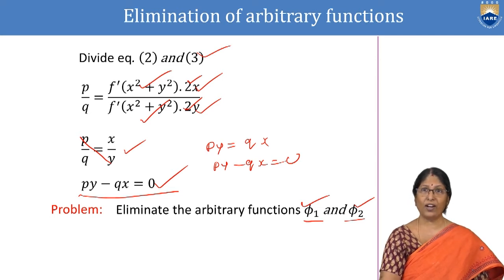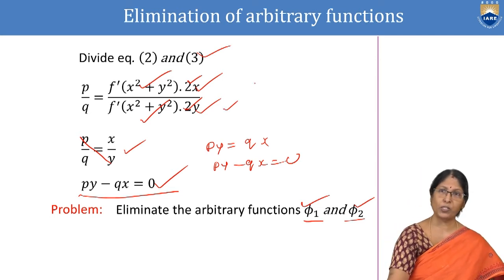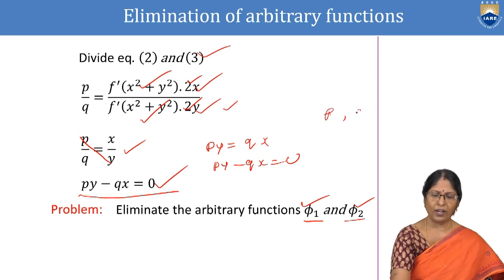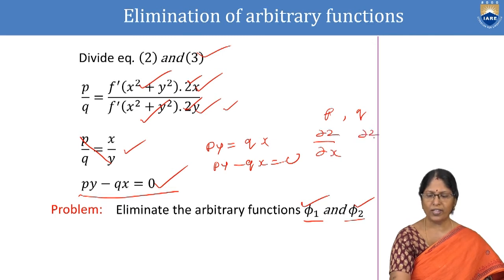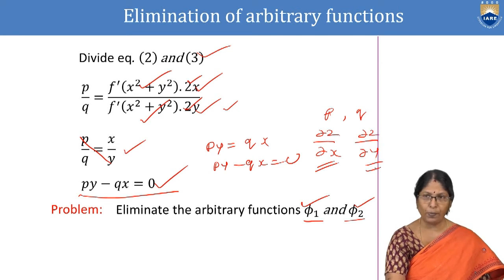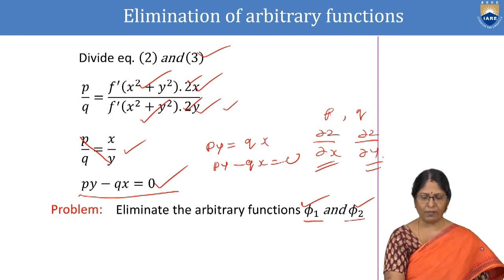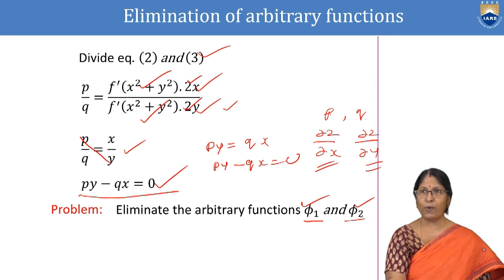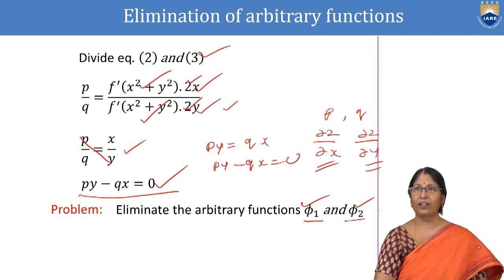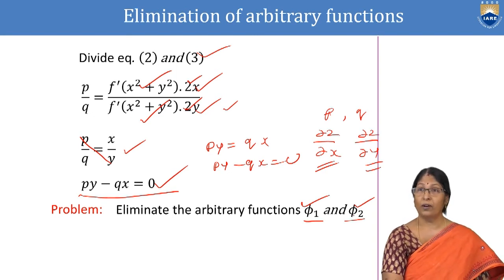With one function, we did p and q, that is dou z by dou x and dou z by dou y, and stopped at first order itself. But here, with pi 1 and pi 2, two functions, it's not only stopping at first order, we should move forward to second order also. This point is very, very important, and we have to keep it in our mind.